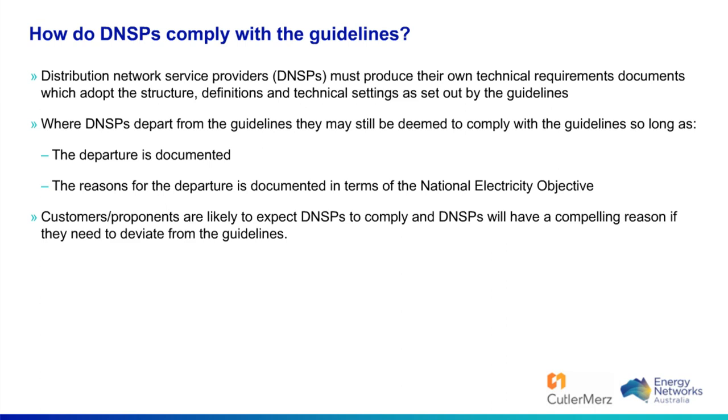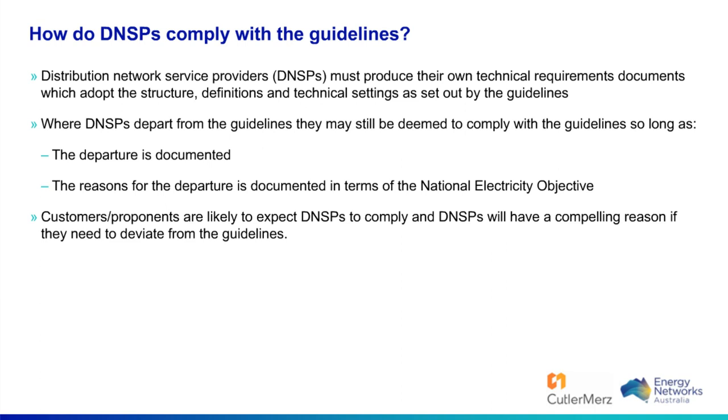Now, if the DNSP or the network has to depart from the guideline for any reason, it might be seen that there's some issue that makes their network, or part of their network, slightly different. They will be seen as still complying with the guidelines, so long as they document why there has been a departure, and the reasons for that are documented in terms of the national electricity objectives.